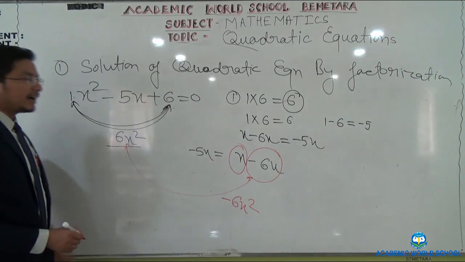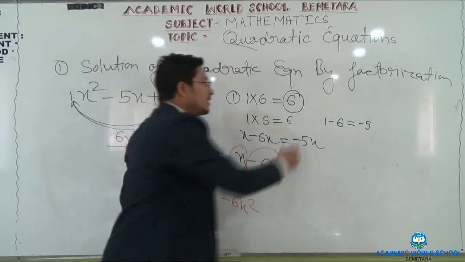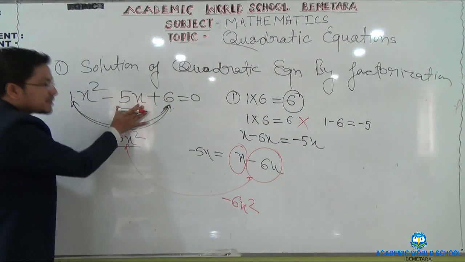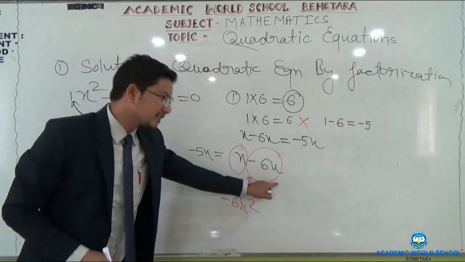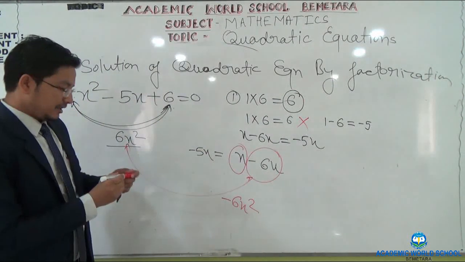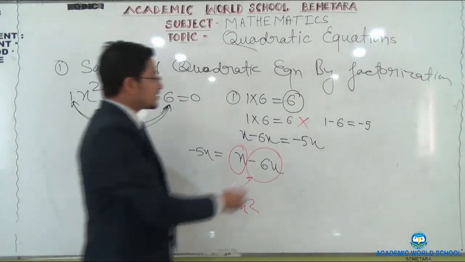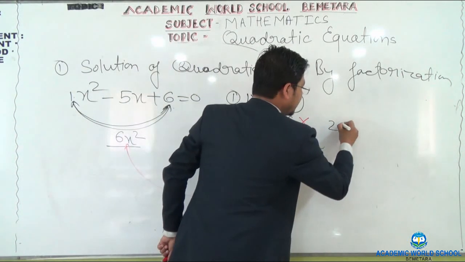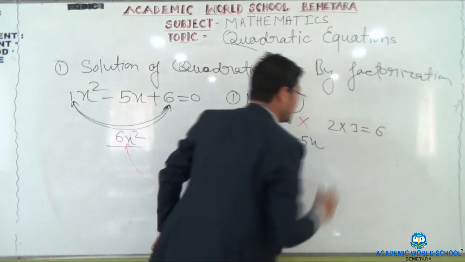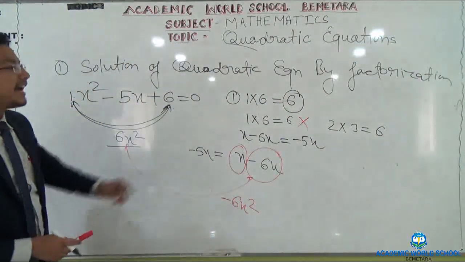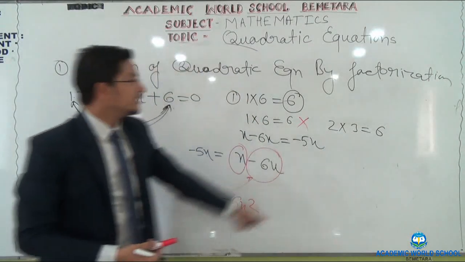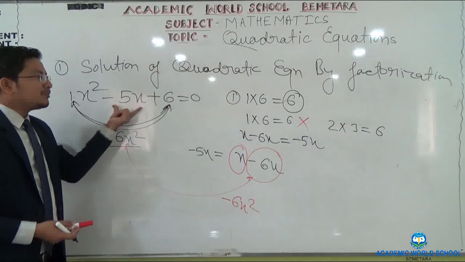It means the factorization 1 into 6 is wrong. So therefore I cannot write minus 5x as x minus 6x. It will be the wrong answer. So what do we have to do? The next factor of 6, 2 into 3 is equal to 6. Now I can write these factors 2 and 3 in such a way that it must be equal to minus 5x.